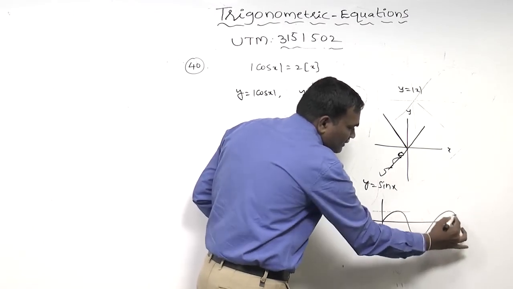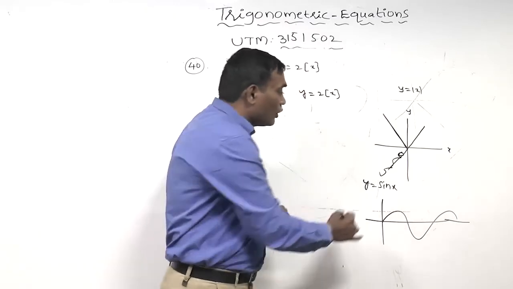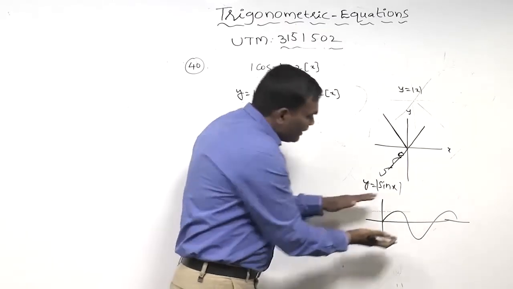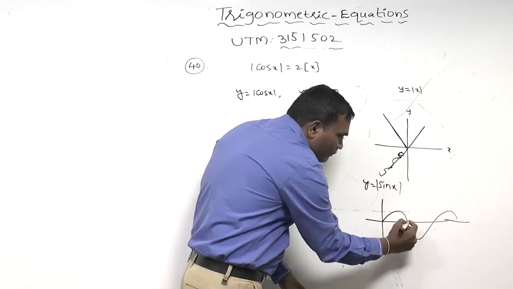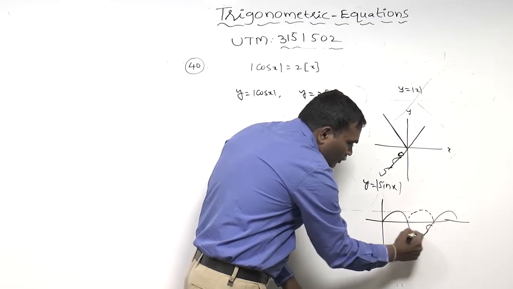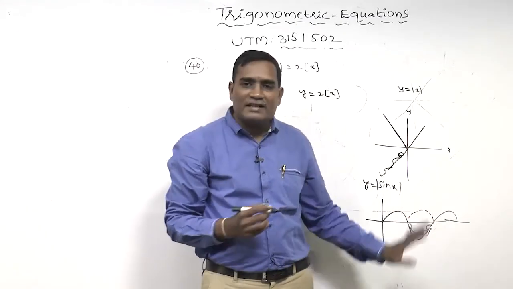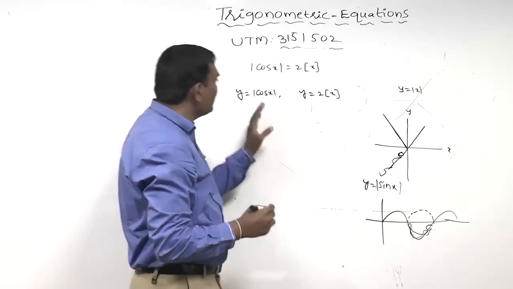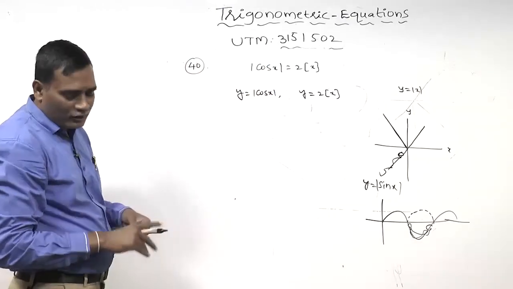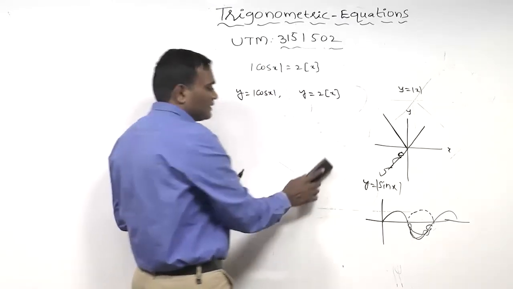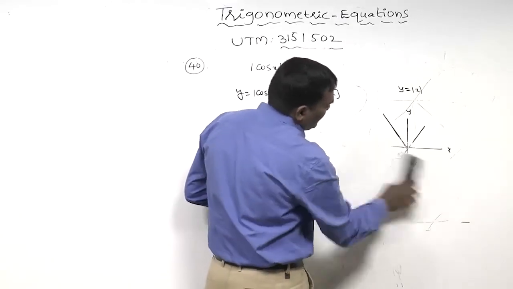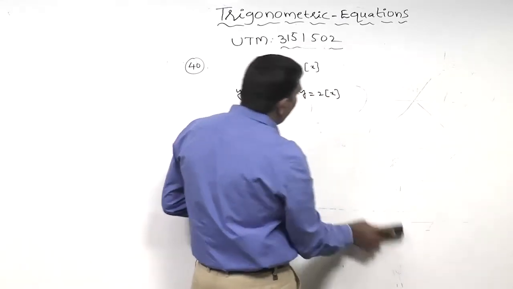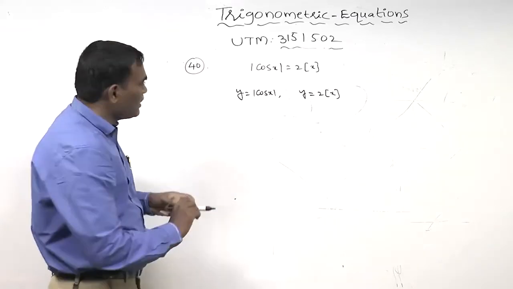We can draw it like this. I want modulus of sin x, means you flip this part and don't take the other. So this is called y is equal to modulus of sin x. Like that, you draw the graph of y is equal to modulus of cos x.